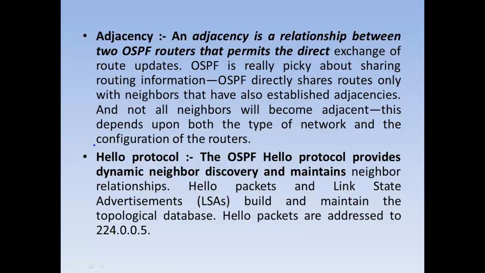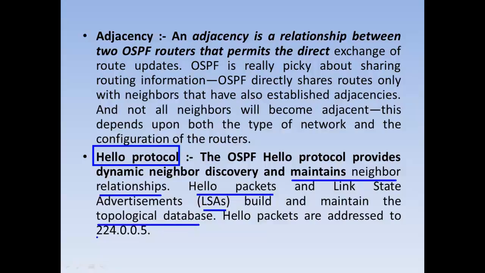Next, the hello protocol. I have already explained the hello protocol. Dynamic neighbor discovery and maintaining the neighborship are all functions of the hello protocol. The hello protocol keeps sending packets, known as link state advertisements, to build and maintain the topology database.